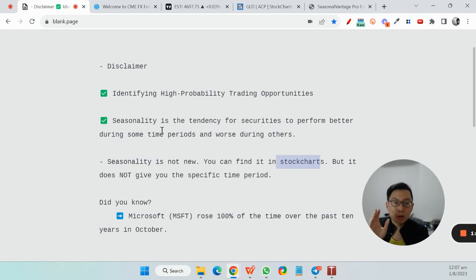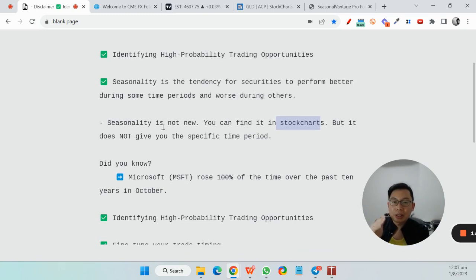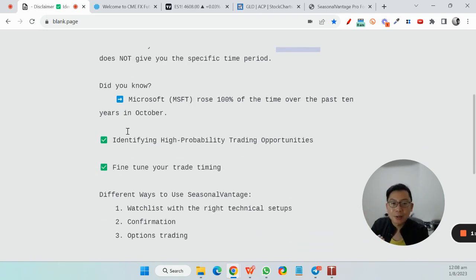Just to share one more example of what seasonals are, in case you still don't understand the application. For example, Microsoft rose 100% of the time over the past 10 years in October, which means that seasonally, Microsoft tends to perform extremely well during October.